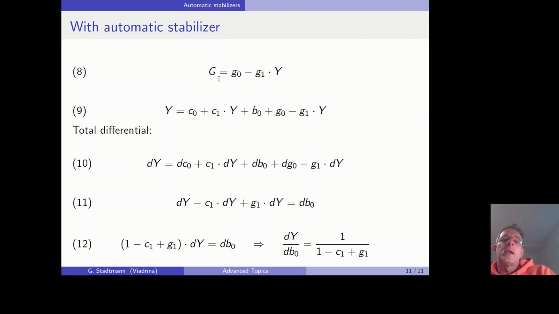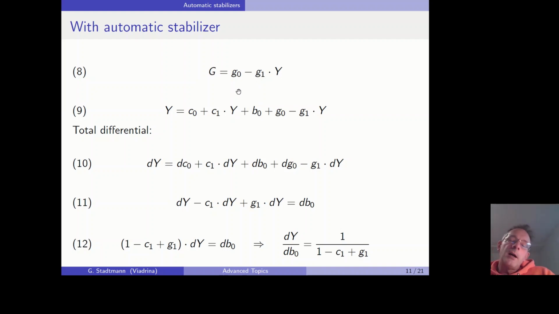Unemployment insurance payments are lower in a boom. What happens if there is a recession? So in case that Y is low or Y decreases, then it will be the case that government expenditures increase, because there is a negative sign in front of G1.